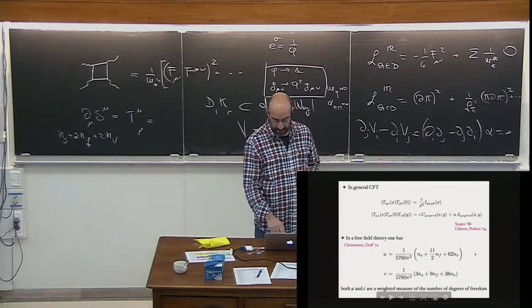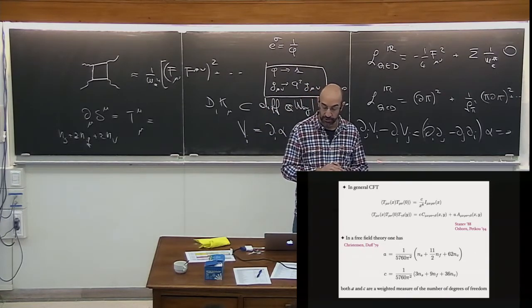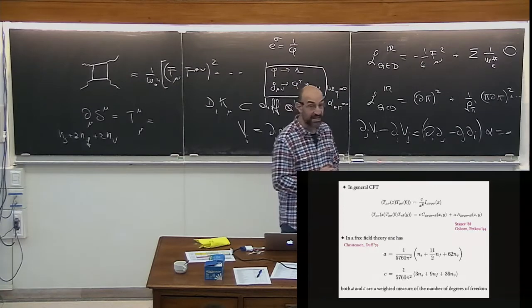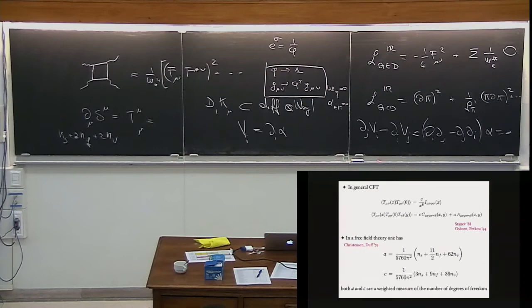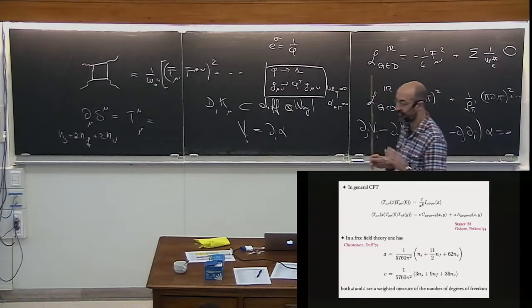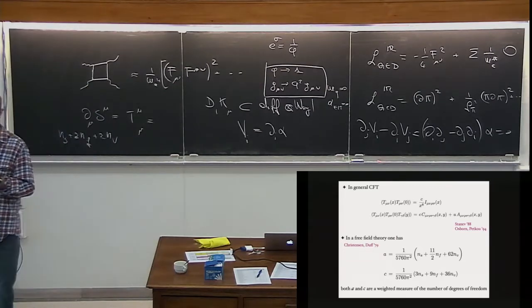And now, it turns out that there was a conjecture made long ago by Cardy, which was stating that this A has a peculiar property, and it is the following. It's intuitive that when you go from the UV to the infrared, the number of degrees of freedom decreases, right?